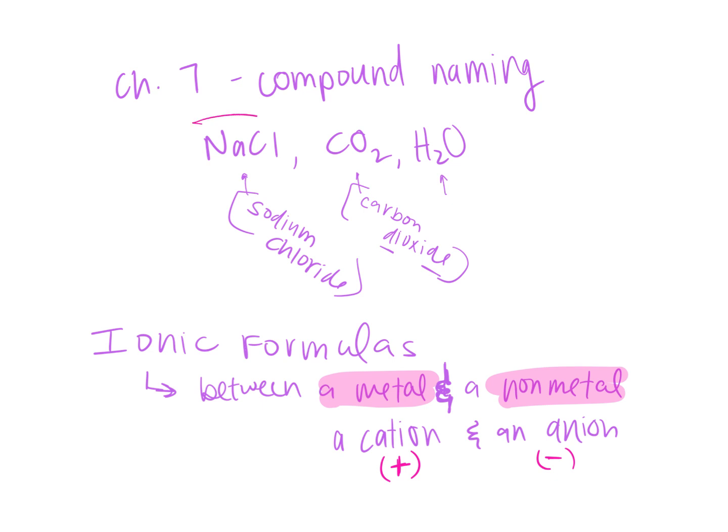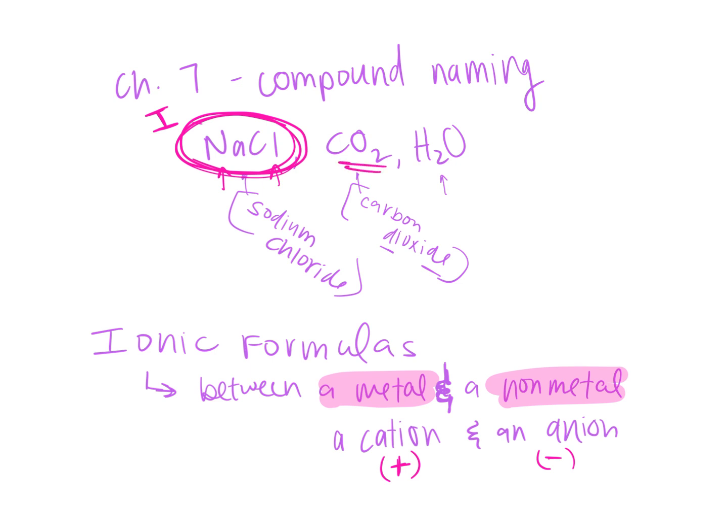So does this NaCl fall into that category of an ionic compound? Is sodium a metal and chlorine a non-metal? Why don't you check your periodic table? Does sodium chloride fall into the category of an ionic compound? Yeah, sodium is a metal and chlorine is a non-metal. So this is an ionic compound. What about CO2?